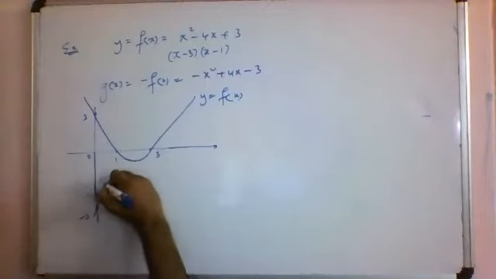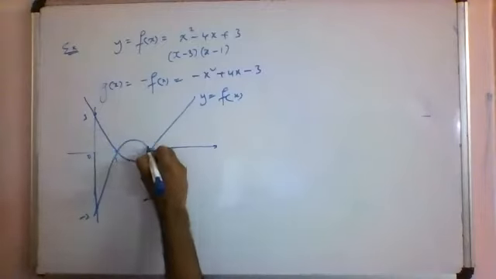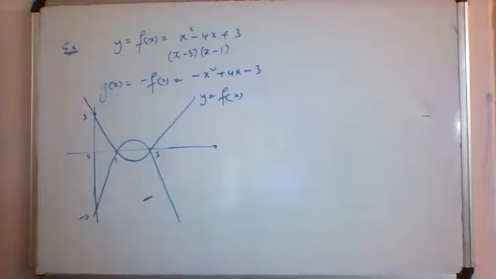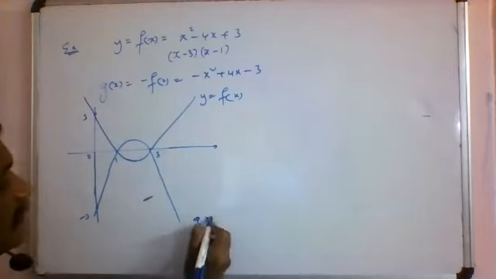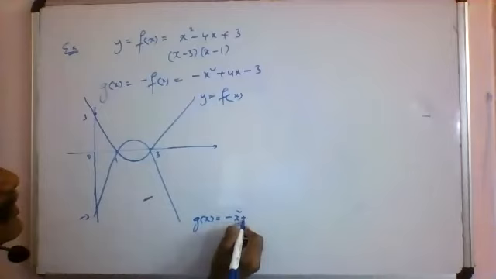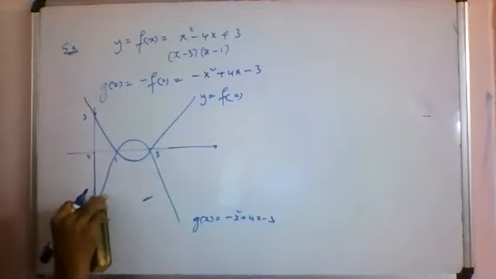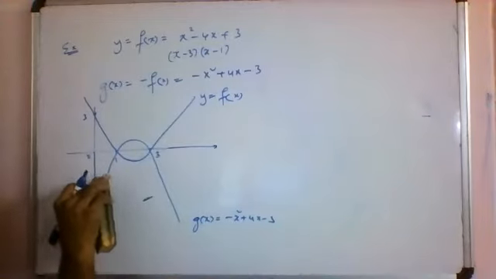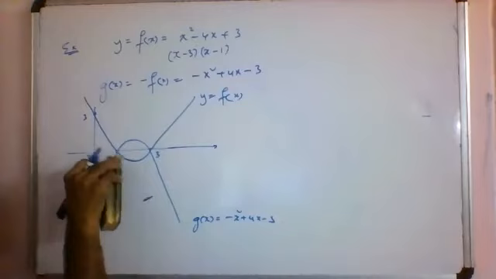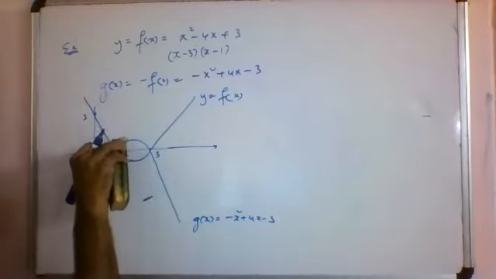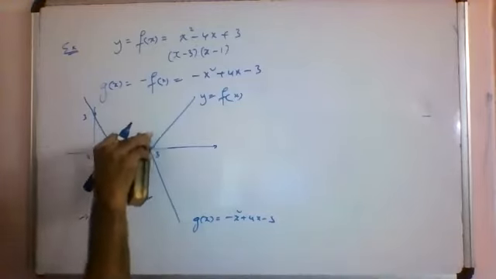So it should come like this. This is your g of x is minus x square plus 4x minus 3. So keep dotted lines, because I am always indicating the original required graph by dotted lines.